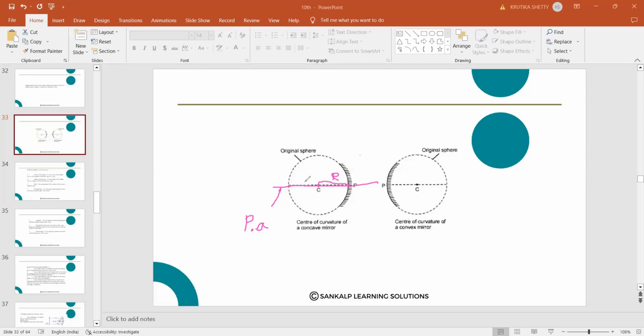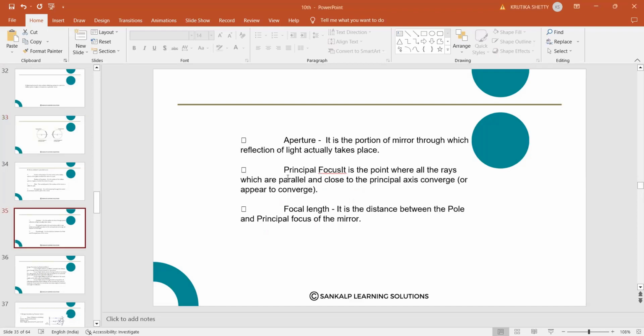Then next we have the focus. So let us see what is focus. Yes. So principal focus, it is the point where all the rays which are parallel and close to the principal axis converge or appear to diverge. So focus is a point on the principal axis.